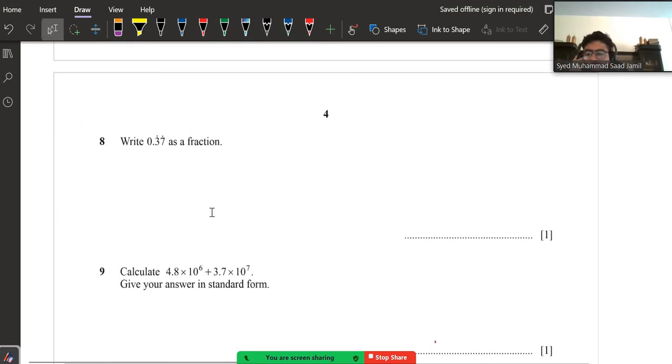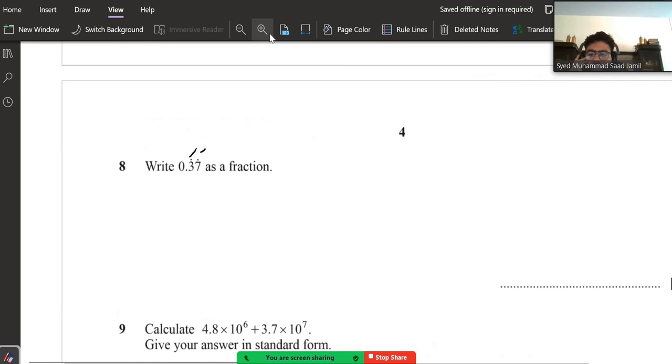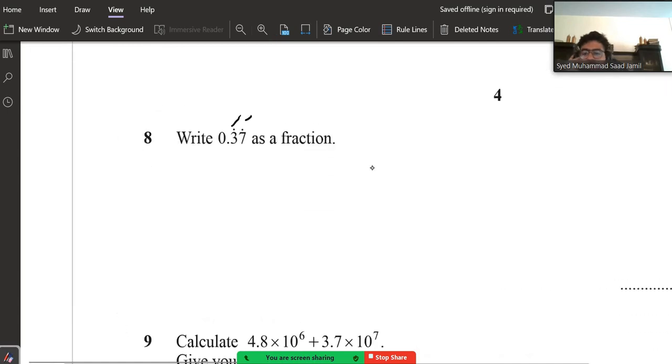Moving on, it says write 0.37 as a fraction. So basically you see these two dots on 3 and 7. Let me zoom it in a bit. Basically it means that the number is like this, 0.373737. What you do, you multiply it with 100. So assume that this number is x.